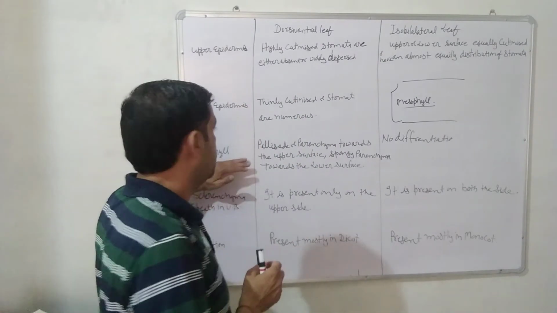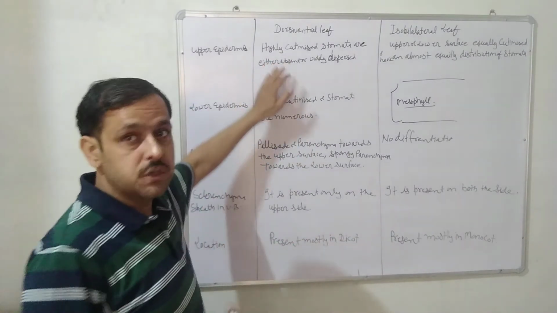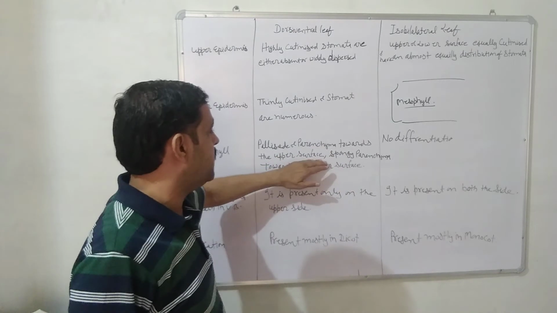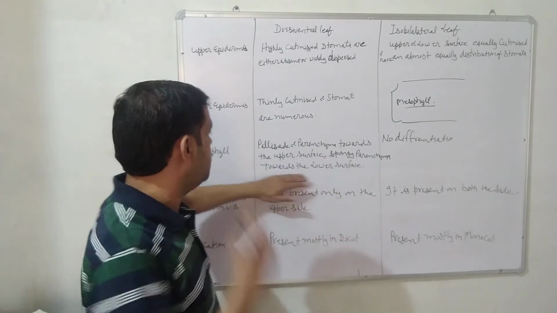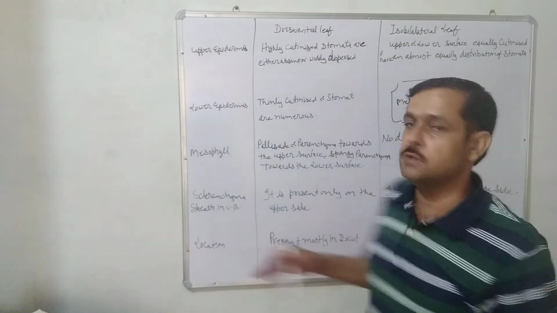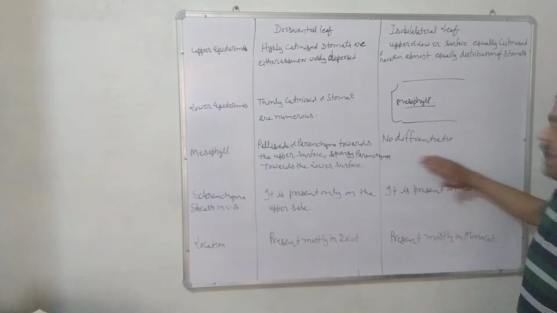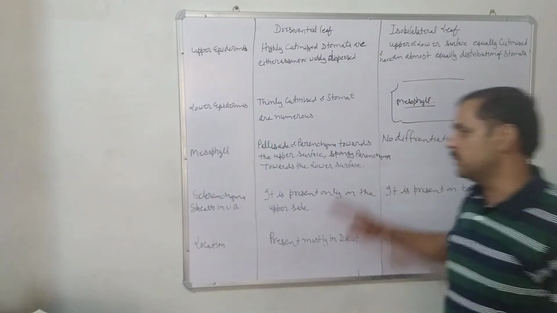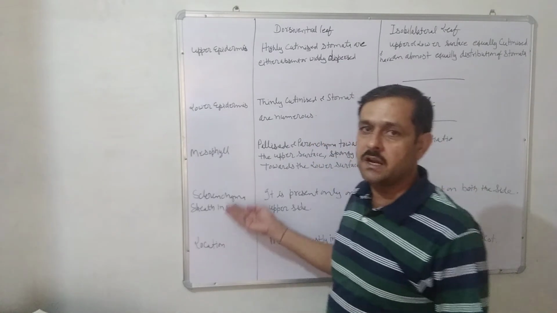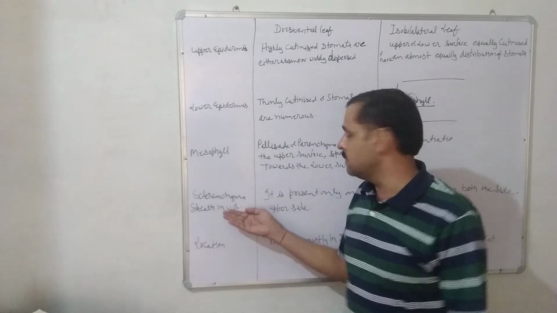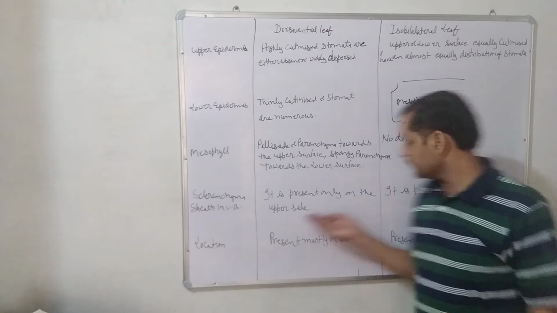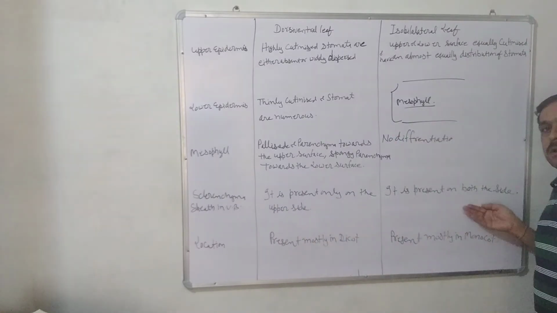Now mesophyll. In the dorsiventral leaf, palisade parenchyma is towards the upper surface and spongy parenchyma towards the lower surface. And in the isobilateral leaf no differentiation is found. Then sclerenchyma in the vascular bundle: in the dorsiventral leaf it is present only on the upper side, and in the isobilateral leaf it is present on both sides.